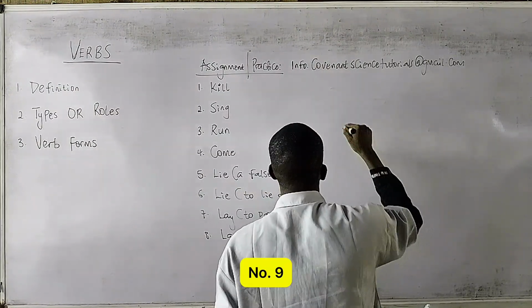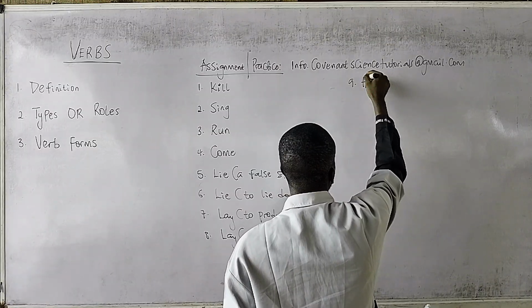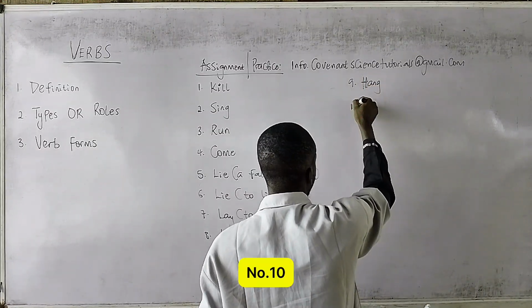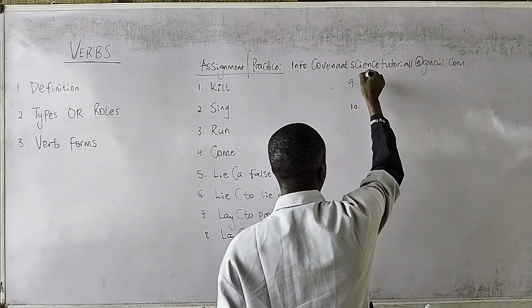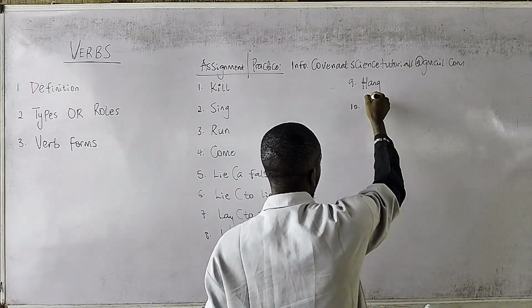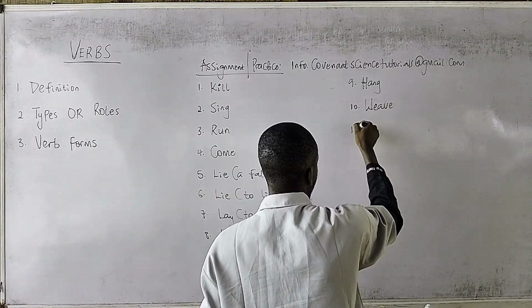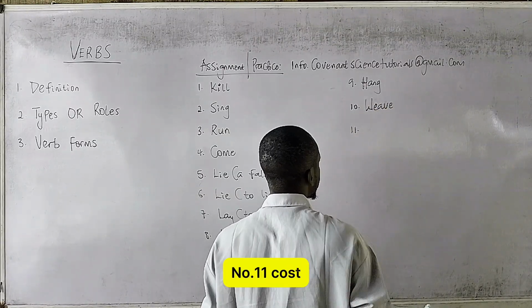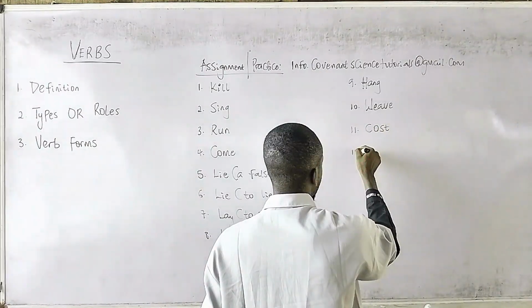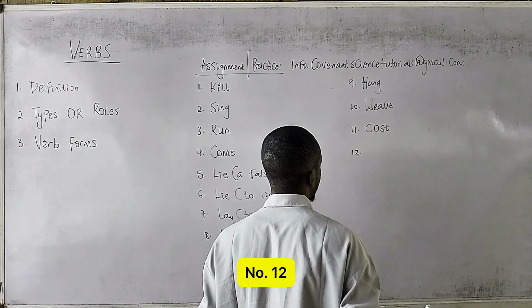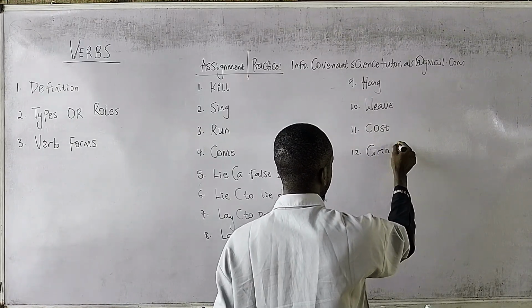Number 9, hang. Number 10, weave. Number 11, cost. Number 12, grind.